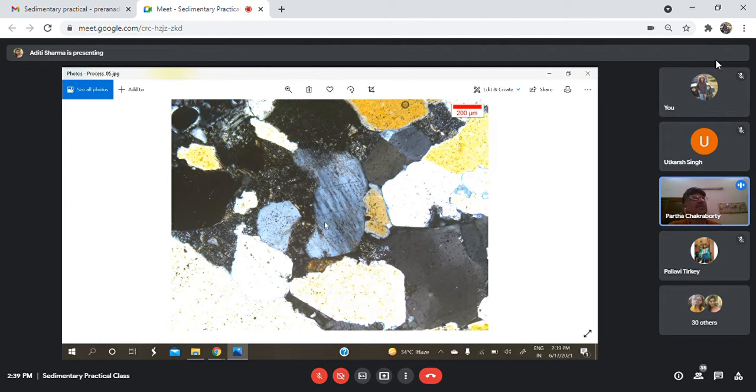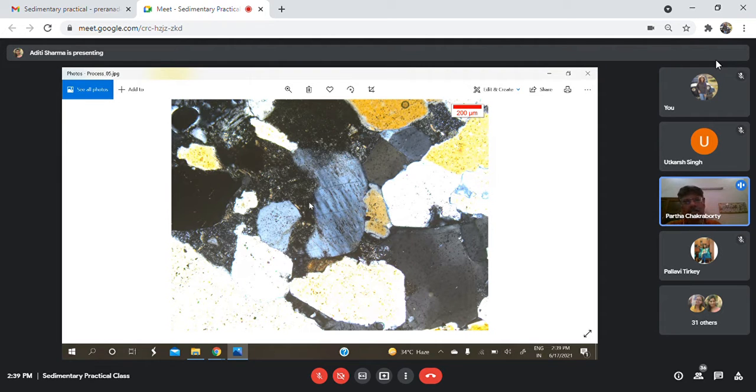The rest of the portion, given time, would also have been altered. At whatever stage we broke the rock and made the thin section, the weathering was still proceeding, and some portion is still left which is unaltered.